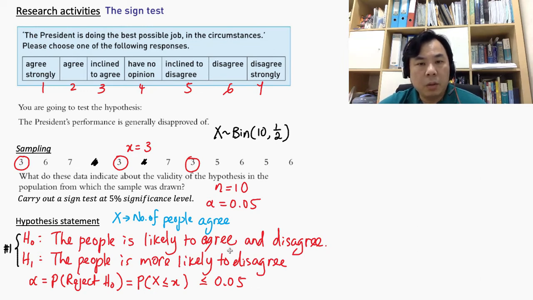All right. I hope that is clear. This is a binomial distribution problem because we can either agree or disagree with the statement itself. And then by omitting the neutral response, we are only left with a sample size of 10 here.